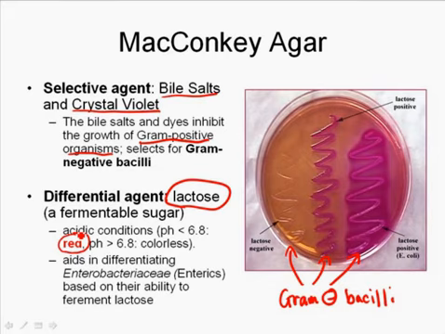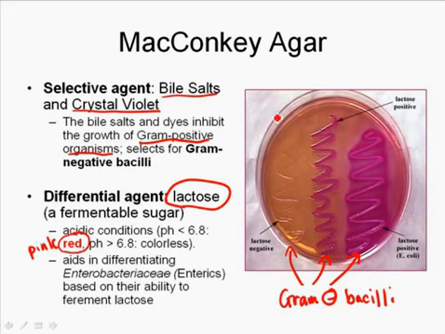At a pH lower than 6.8, the media turns reddish. Another way to think about it is it turns sort of reddish pink, as we see there on the right. Now, a pH greater than 6.8, essentially neutral pH, the cells remain colorless. So this is a way for us to distinguish based on their ability to produce acids using the process called fermentation.